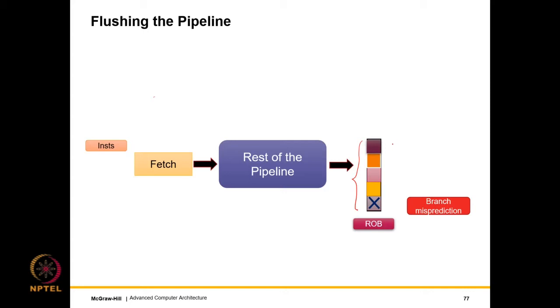In this case, the 4 earlier instructions are safe, they are on the correct path. Hence they should be committed. Whereas the instruction that mispredicted and the instructions that were fetched after it should not be committed, and in fact should be removed from the pipeline. So what do we do?